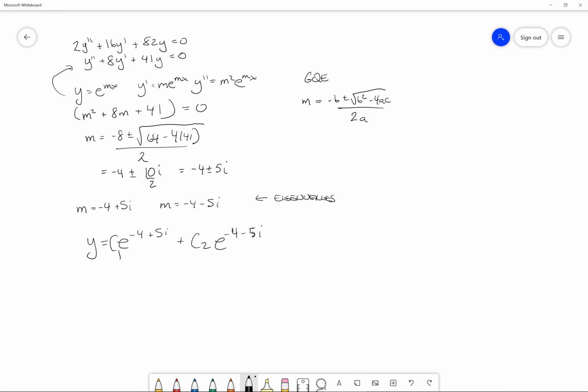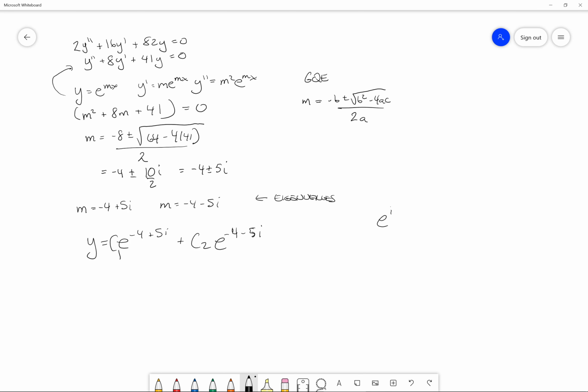Okay, so that's our general solution. Now what we can do, and I showed this before, we can use the formula or we can just do it from first principles here, is use Euler's formula.